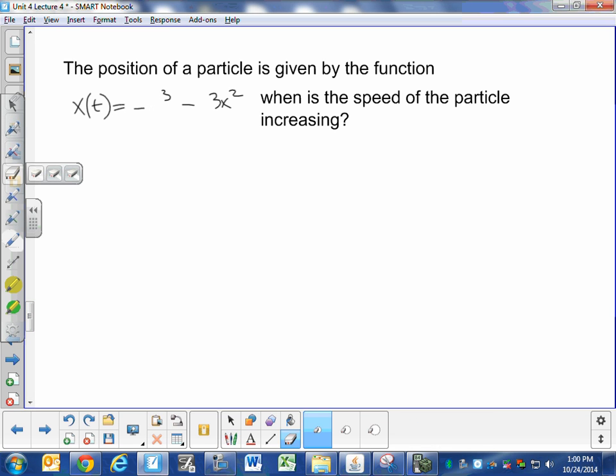So here is a question. The position of a particle is given by this function, negative t cubed minus 3t squared. The question is, when is the speed of the particle increasing?